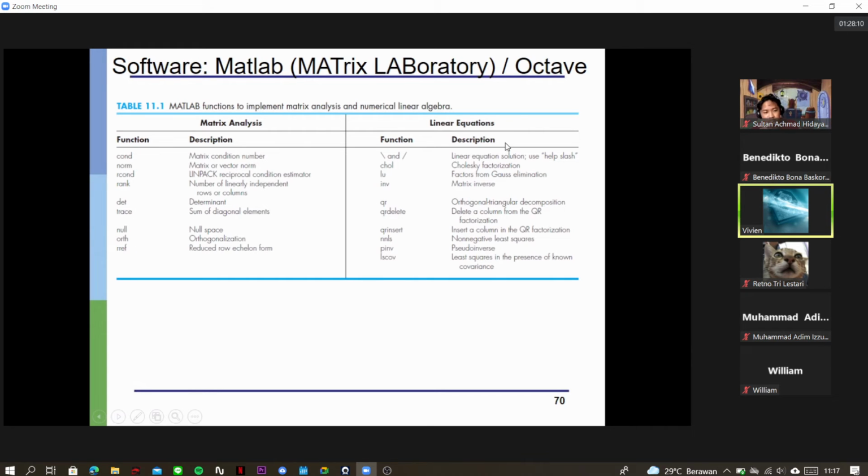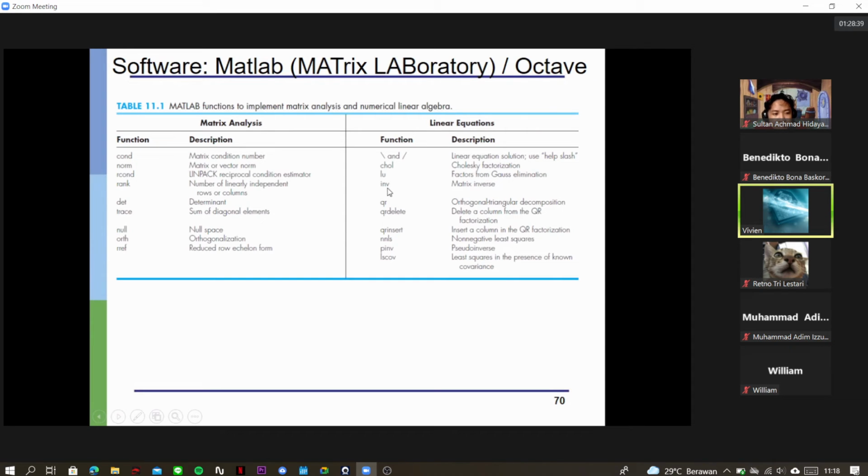And for the solution of linear equations, we can use backslash or forward slash like this. And we can use chol for Cholesky factorization as we learned here, which is only for symmetric matrices. And we can also get LU, which are the factors from Gaussian elimination.